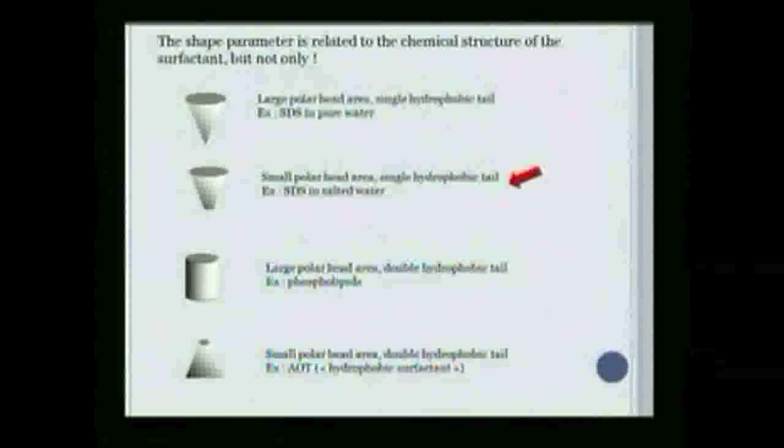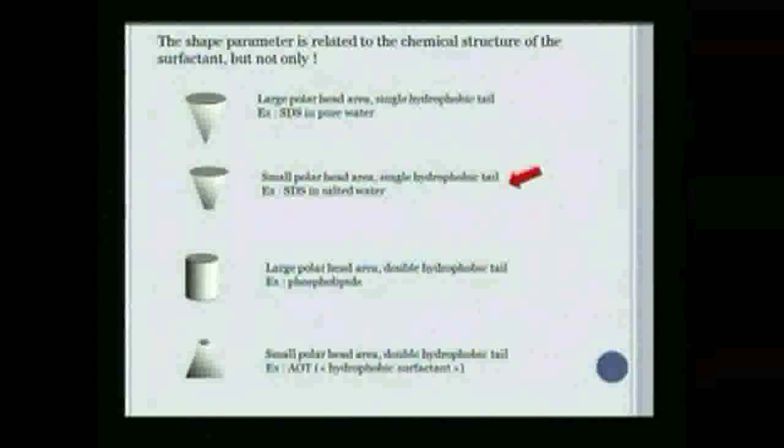And that means that the area occupied by the polar head is smaller when you have salt than when you don't have salt. So that means that you increase the shape parameter of SDS when you put salt in the solution. Okay? So you see that only by adding something in the solution, salt, but it will also be the case for some other surfactants if you increase the temperature, if you add a co-surfactant, we will see this later, then you change the shape parameter and the spontaneous curvature.